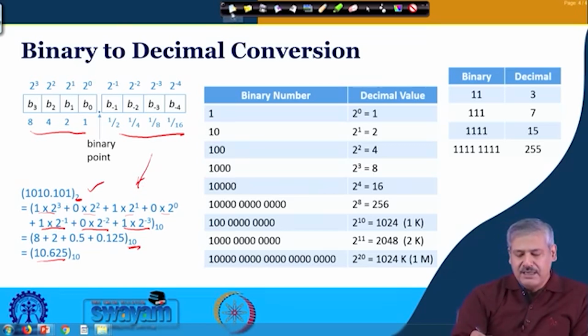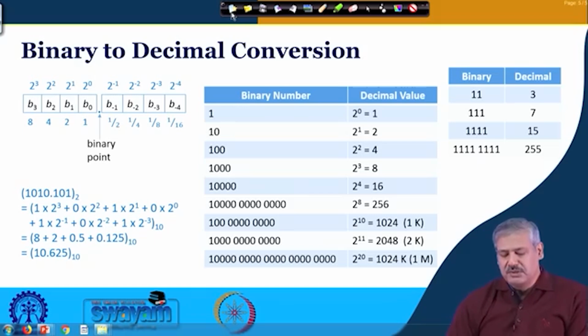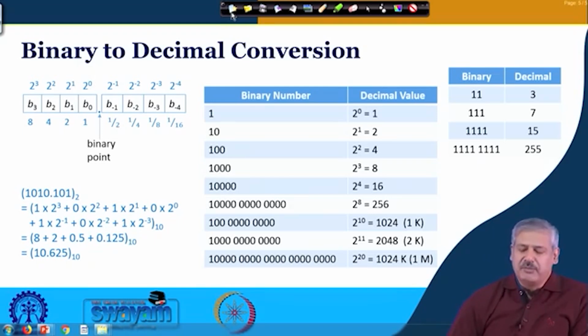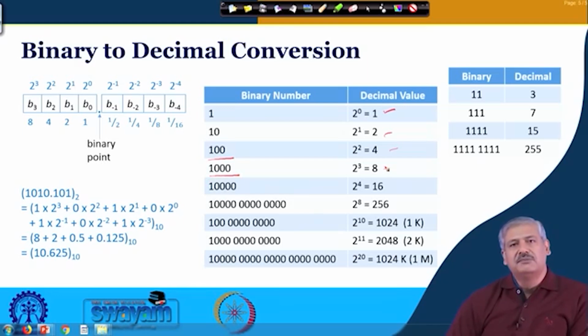Some important things to keep in mind about this conversion: the integer part is shown here. Only 1 is 2 to the power 0, which is 1; 10 is 2; 100 is 4; 1000 is 8. These are some of the things we will often encounter.